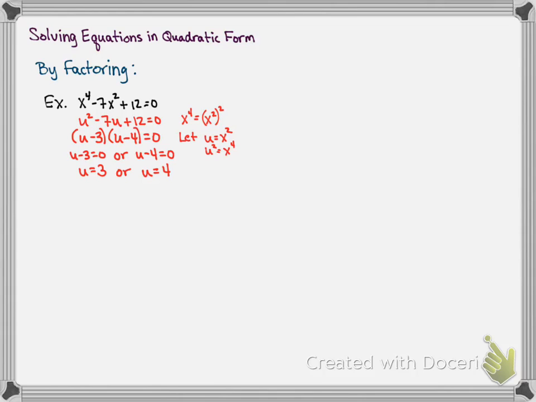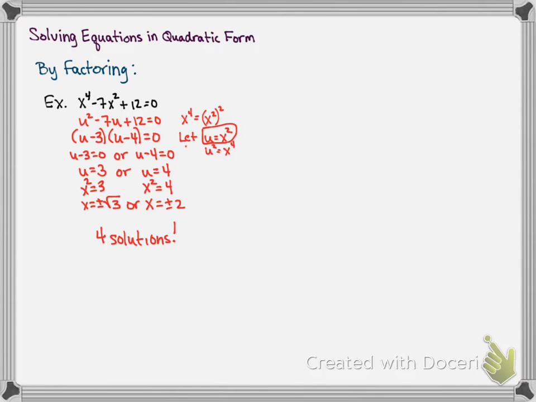Okay, but we're not done because our original equation has x's. So we need to substitute back. What does u equal? U equals x squared. So we have x squared equals 3, or x squared equals 4. And now we need to solve both of those equations. So the first one becomes x equals plus or minus radical 3, or x equals plus or minus 2.